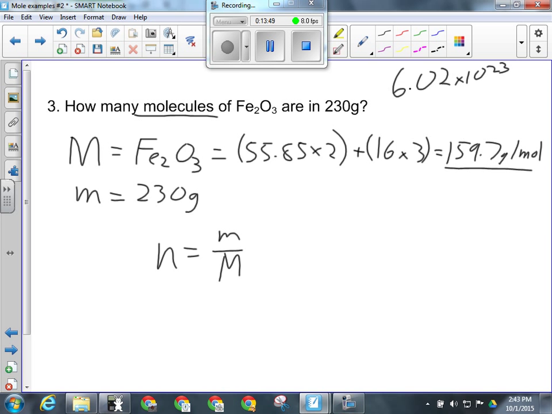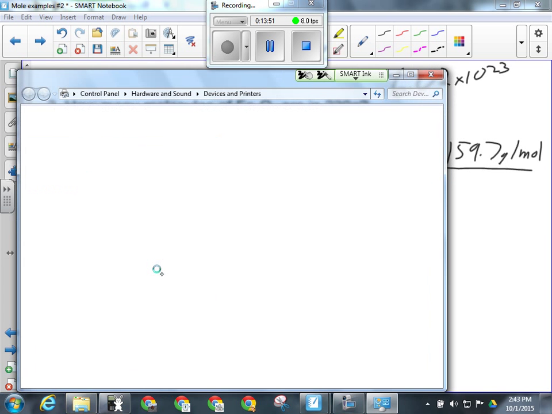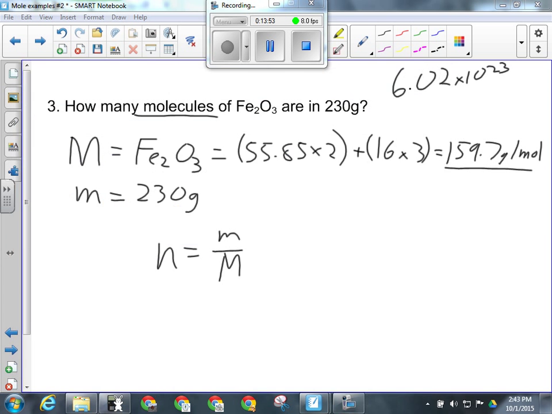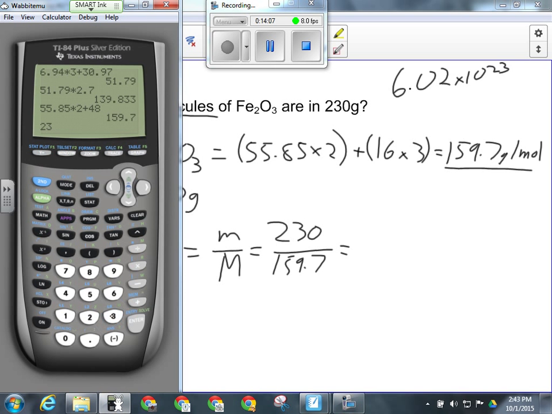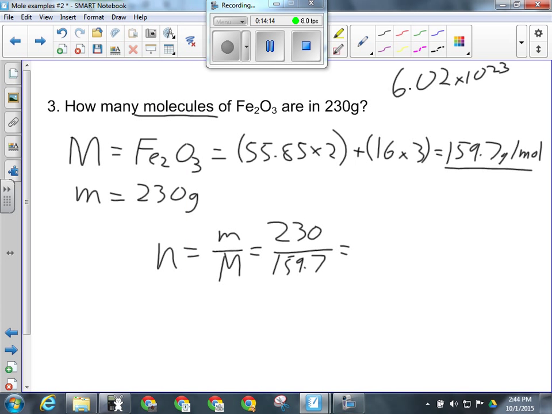It says N equals little m over big M, which means I can calculate number of moles. Everybody follow there? All right, so all I have to do is plug in my numbers. I don't even have to manipulate. 230 over 159.7 grams per mole is 1.44 moles.